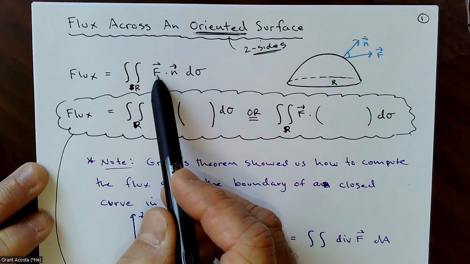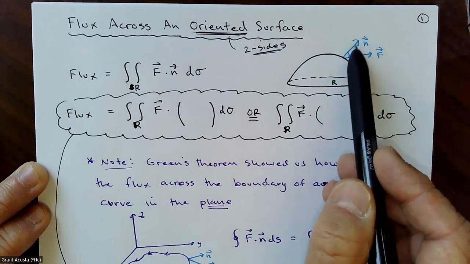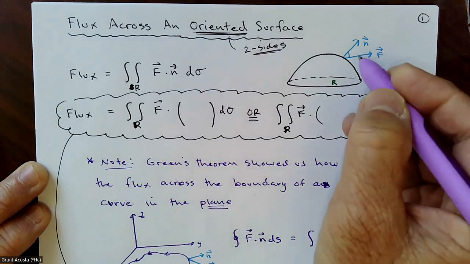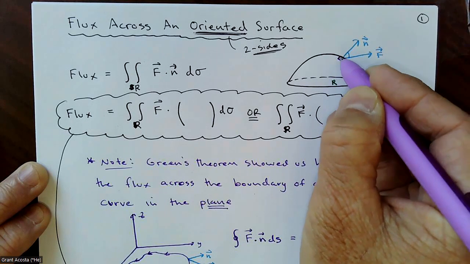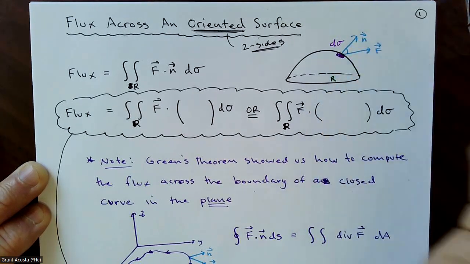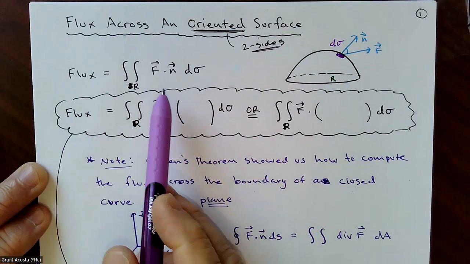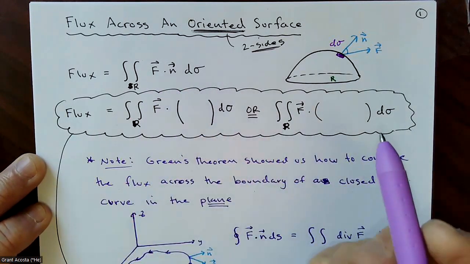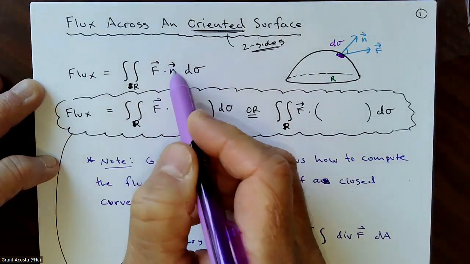And so we want to take the dot product of F dotted with N, the outward unit normal vector, and integrate over the whole surface. In the last two videos, we talked about how to find the area of a surface, which we call d sigma, and we talked about two ways to find a formula for d sigma. So in reality there are two formulas for calculating the flux, depending on how we want to approach it. Let's start with our unit normal vector.